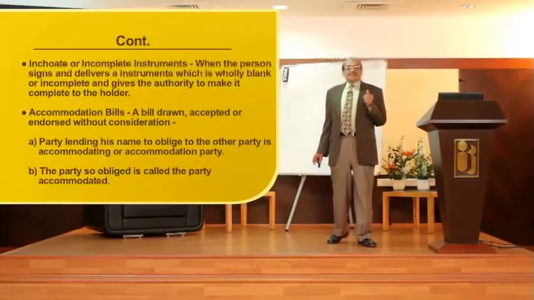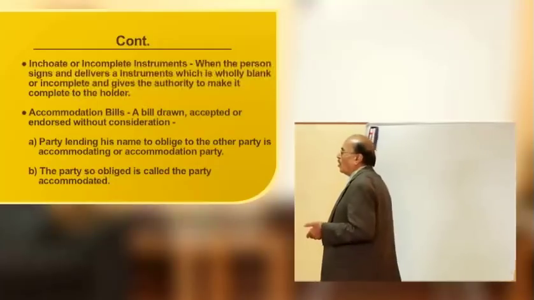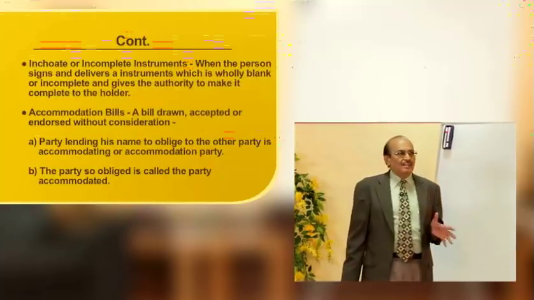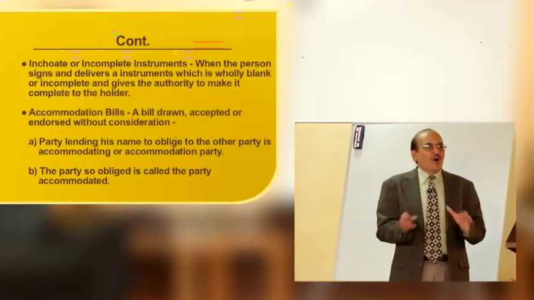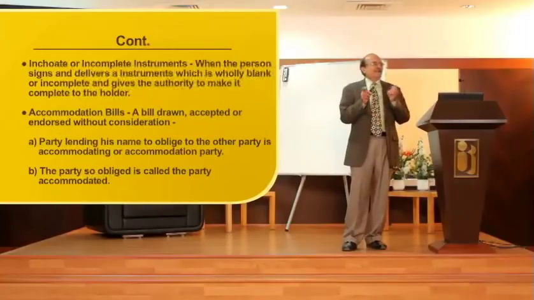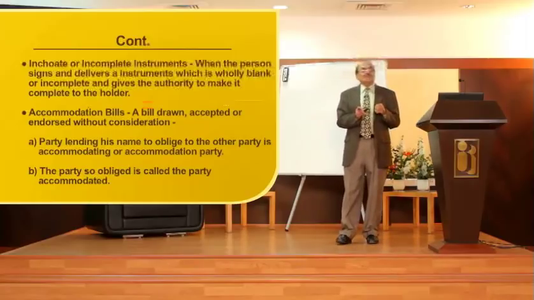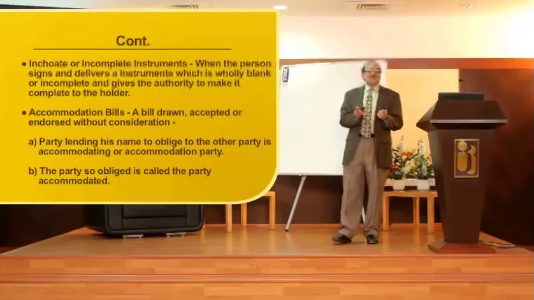Further, the instruments can also be classified as inchoate or incomplete instruments. When a person signs and delivers an instrument which is wholly blank or incomplete and gives the authority to make it complete to the holder, these instruments are called inchoate or incomplete instruments.